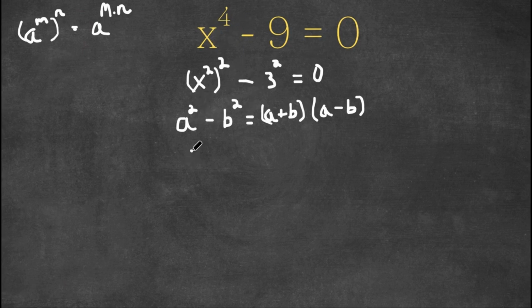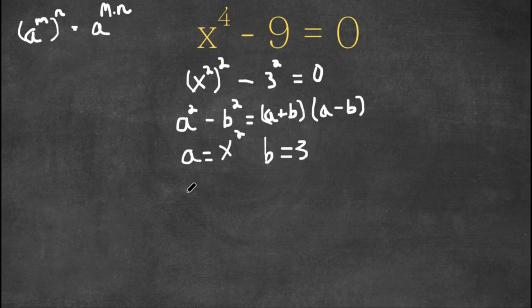In this case, a is equal to x squared, and b is equal to 3. So we have x squared to the power of 2 minus 3 squared, and this is also equal to a squared minus b squared. So all we have to do is plug a and b into our expression, a plus b times a minus b.